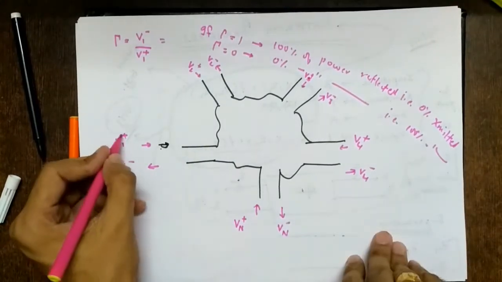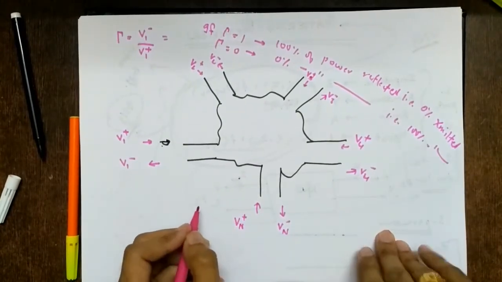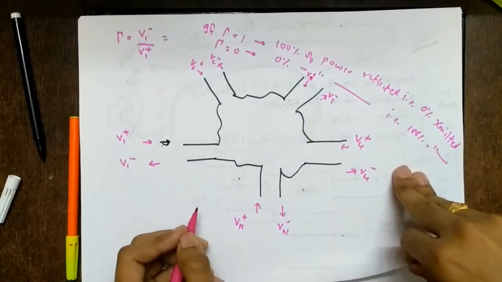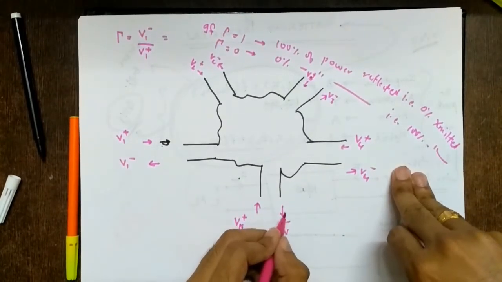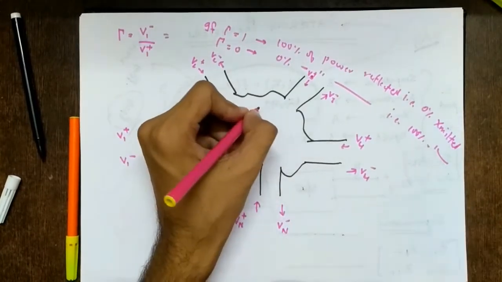So what does Vn plus indicate? We are generalizing it. Vn plus is the amplitude of the voltage wave incident on port n, and Vn minus is the amplitude of the voltage wave reflected from port n. Right, and this is my network.